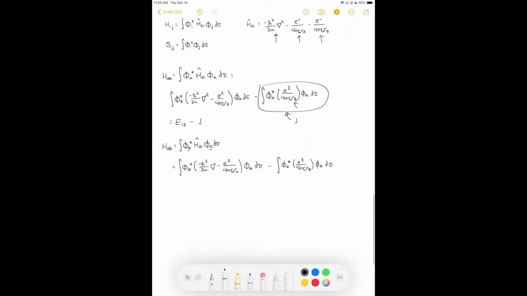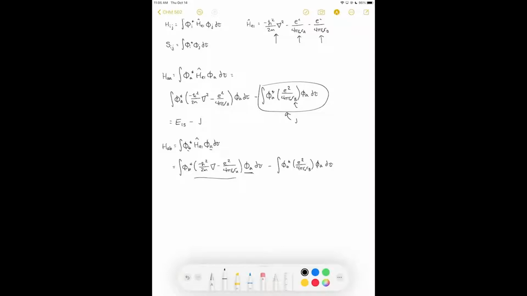Well, this first integral I can do something interesting with. So here I'm operating on the wave function from atom A with the total energy operator for atom A. So that, of course, returns me the total energy of the 1s orbital.